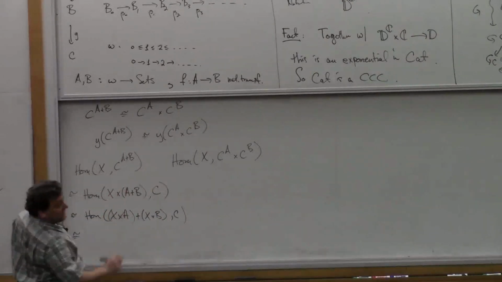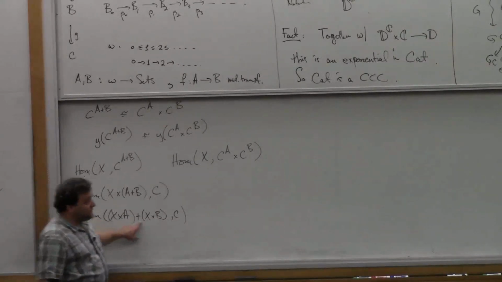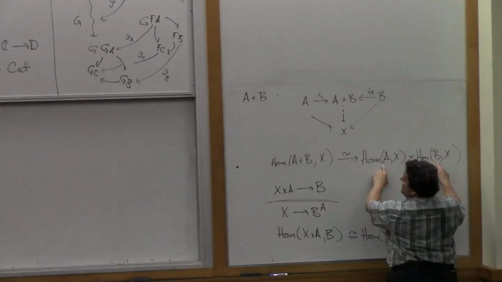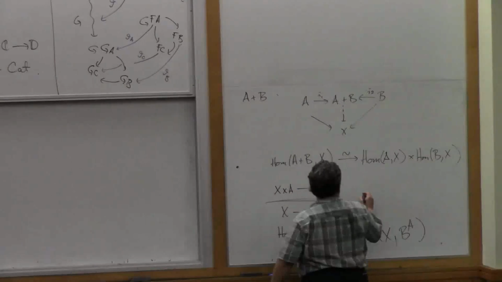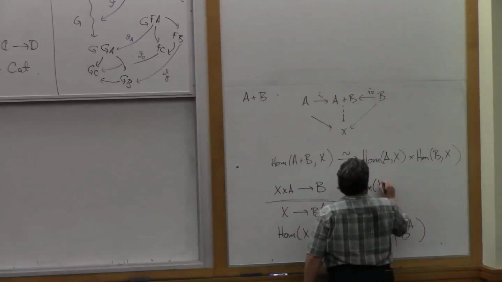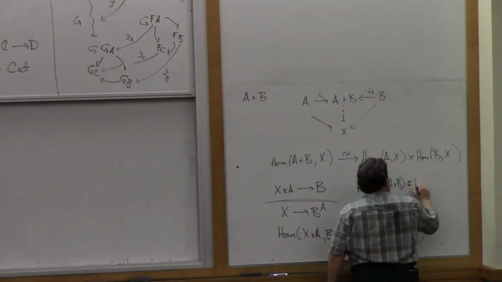And now I use that fact about coproducts that I can pull them out on the left of a Hom set. I can pull a coproduct out on the left of a Hom set. I already showed you before that I can pull a product out on the right of a Hom set. Hom x a cross b. I showed you that before.